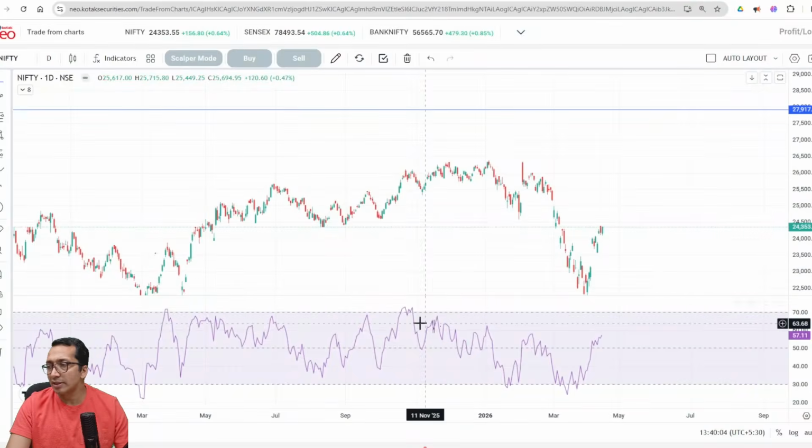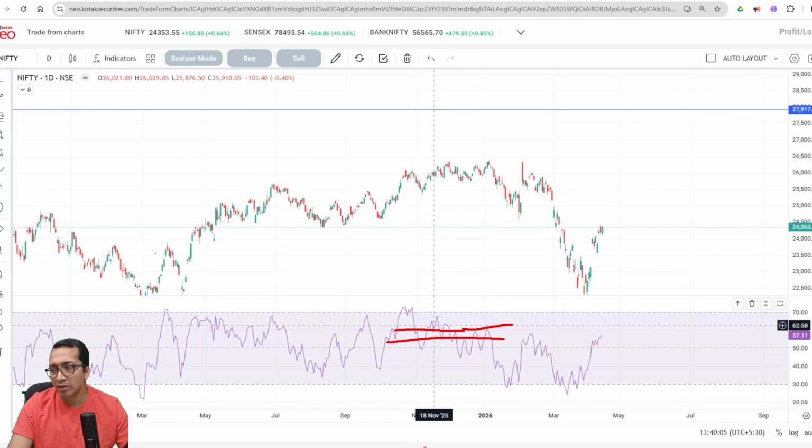So generally, if RSI is around 50 to 60, then this is a good time to enter into the market if your other indicators and other setup of the market is going fine. But if the other setup of the market is not providing you comfort, then RSI is of no use. So basically you need to see whether the previous conditions which we have discussed in previous sessions have been fulfilled or not.